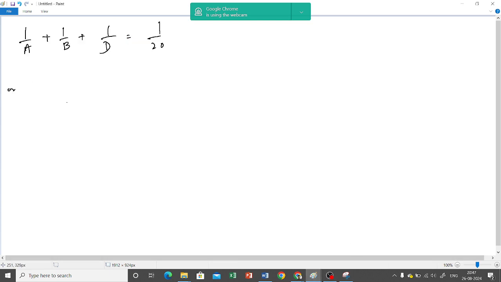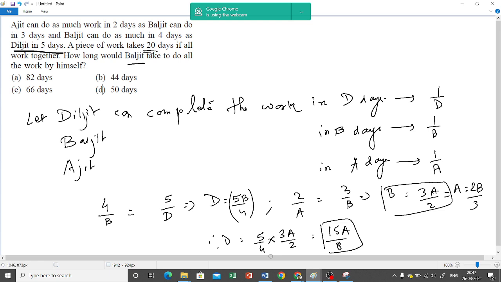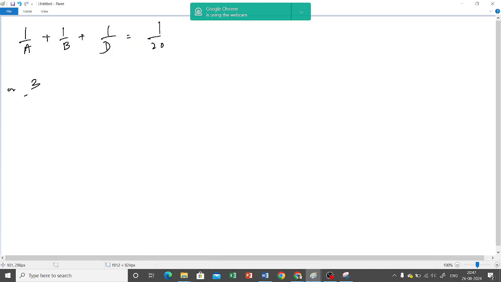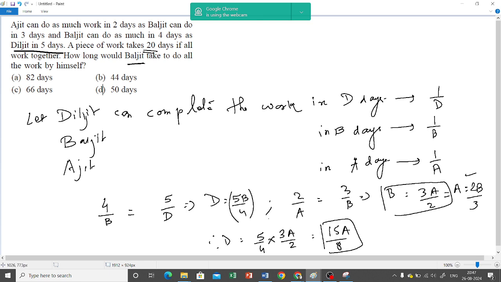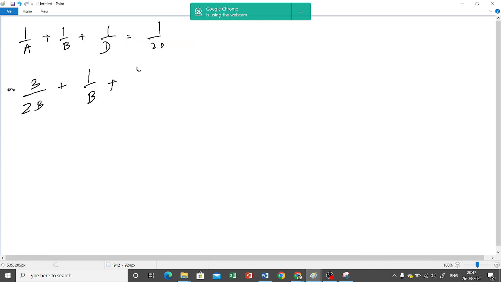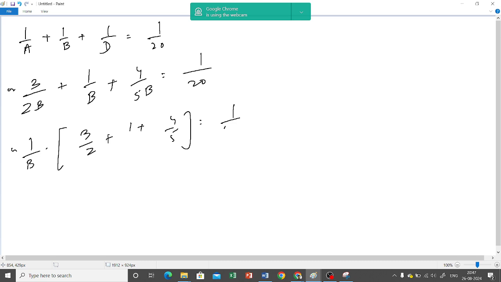So if I put it back, what is going to be 1 by A? What is A? A is 2B by 3. So 1 by A is going to be 3 by 2B. 1 by B is going to be as it is. What is going to be 1 by D? 4 by 5B. I can take 1 by B common, so 3 by 2 plus 1 plus 4 by 5.